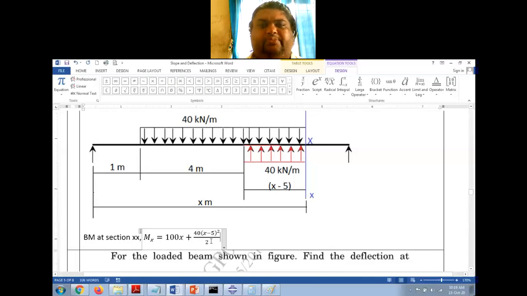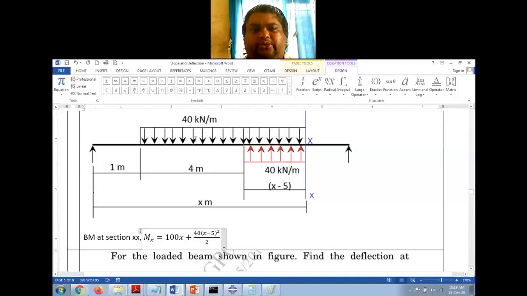We have done this type of numerical. It is actually x minus 5 is this length, and it is acting at the midpoint of x minus 5. So it will be 40 into x minus 5 into x minus 5 by 2. So it becomes 40 x minus 5 whole square by 2.